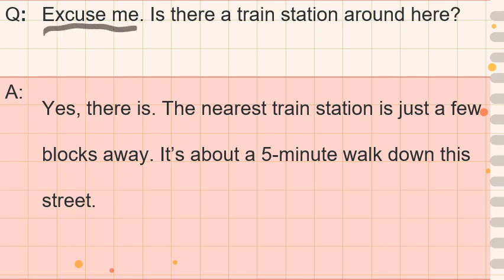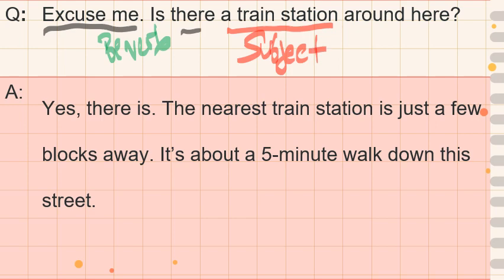Is is the verb. There, we put there. A train station is the subject. Around here is the location.